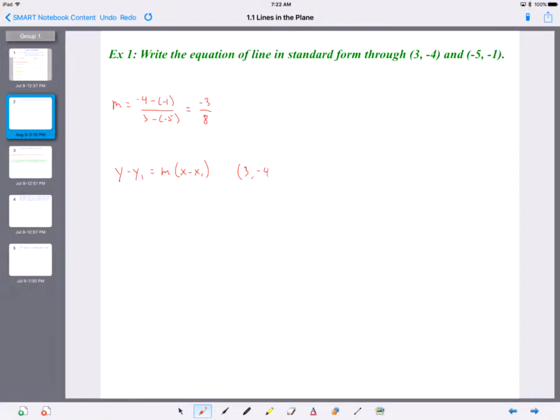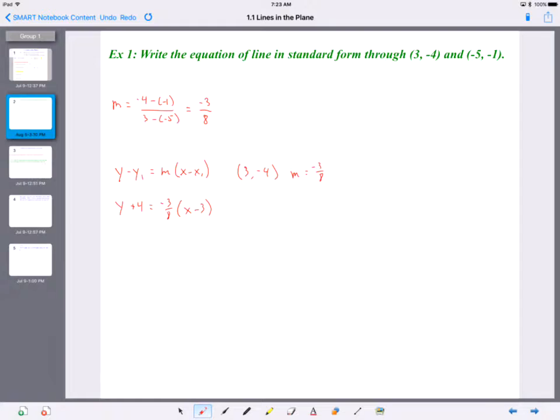We've got the 3, negative 4, or the negative 5, negative 1, and the slope that we just found, which was negative 3/8. So those are the two things that we're going to plug in. So it'd be y minus negative 4, so that's plus 4, is equal to the slope times x minus 3. So in point slope form, it's not simplified, but that's what you have right there.